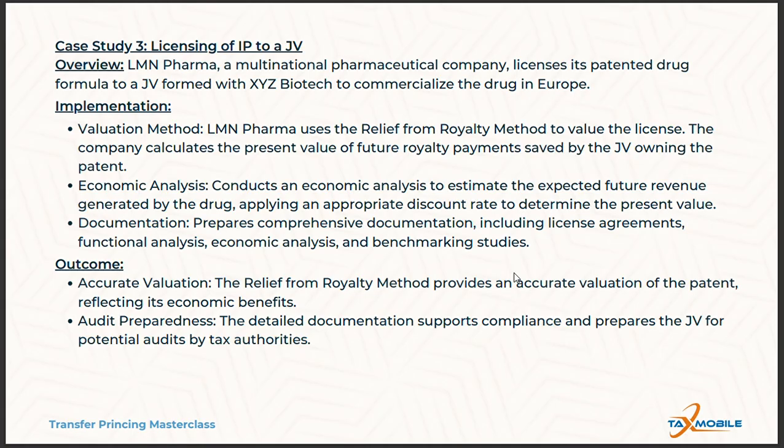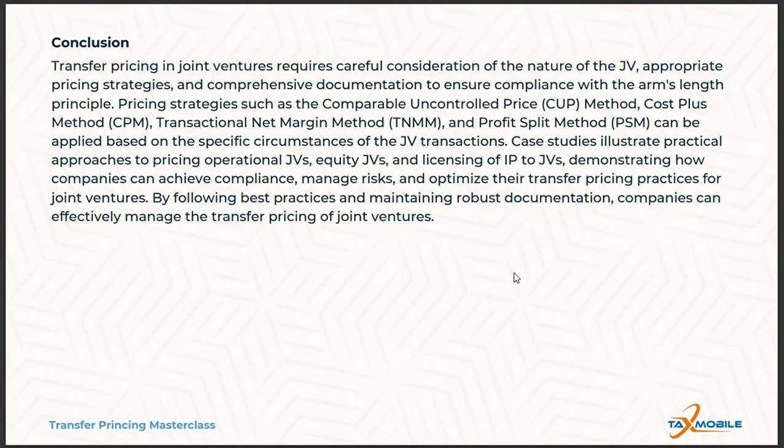Now, with respect to outcome, there was accurate valuation. The relief from royalty method provides an accurate reflection of the patent's economic benefit. With respect to audit preparedness too, the detailed documentation prepares the JV for potential audit by European tax authorities.